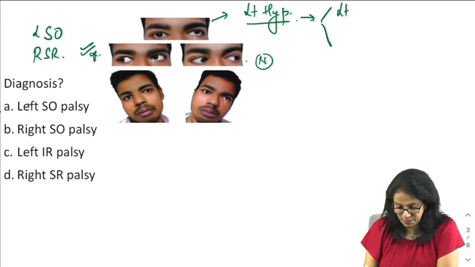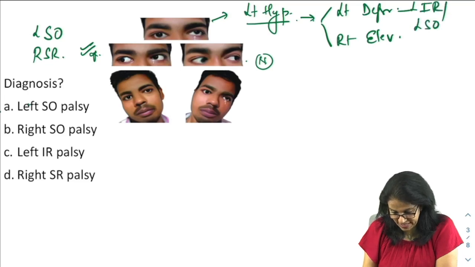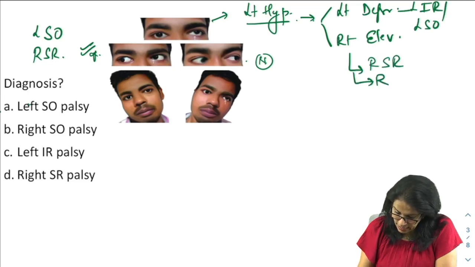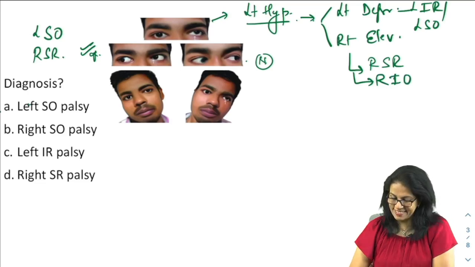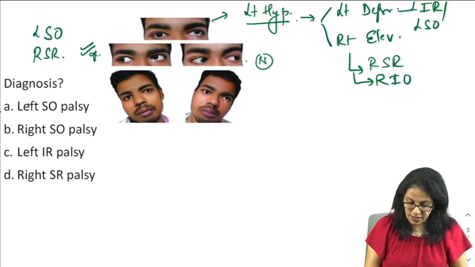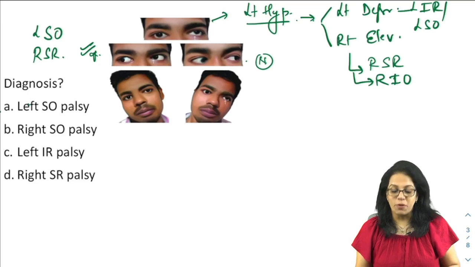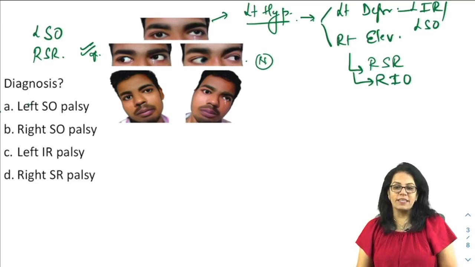Either the left depressors are affected or right elevators are affected. Left depressors means left inferior rectus and left superior oblique. Right elevators means right superior rectus and right inferior oblique. Okay? Correct? Now we are saying it is increasing in opposite gaze. So it comes down to either the left superior oblique or the right superior rectus.